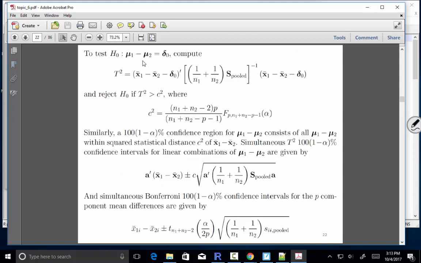If you want to test what's the difference between two mean vectors, it's not a univariate t-test because it's multivariate data. But there is a generalization of the t-test. It's the t-squared test. So we could compute this statistic and, under the null hypothesis, compare our statistic to this reference distribution.